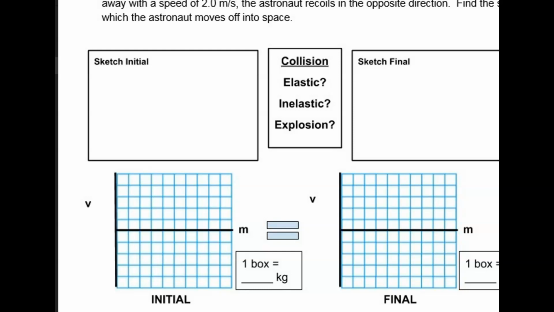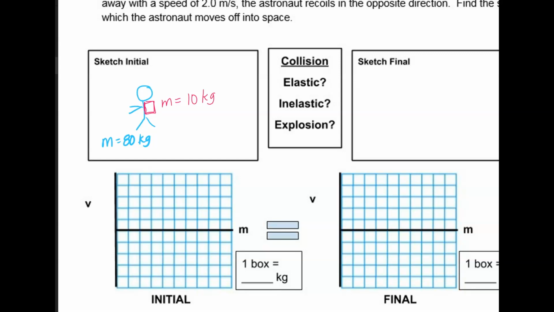I'm just going to draw the astronaut like this, and then the empty oxygen tank will be like this. They're stuck together. The astronaut has a mass of 80 kilograms, and the oxygen tank has a mass of 10 kilograms.